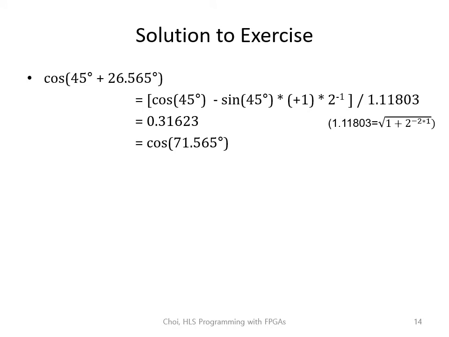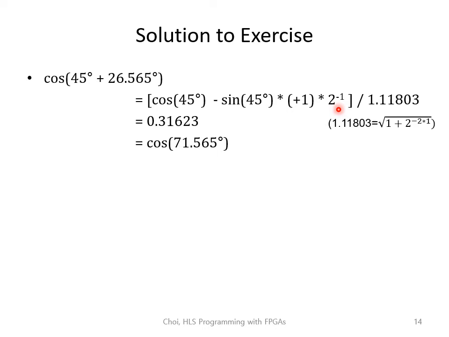Let's see the solution. 26.565 degrees is the case when the tangent theta equals 2 to the power of minus 1. So cosine of 45 degrees plus 26.565 degrees is cosine 45 degrees minus sine 45 degrees times 1. Sigma is positive 1 because we're going in a positive angle, and multiply by 2 to the power of minus 1.